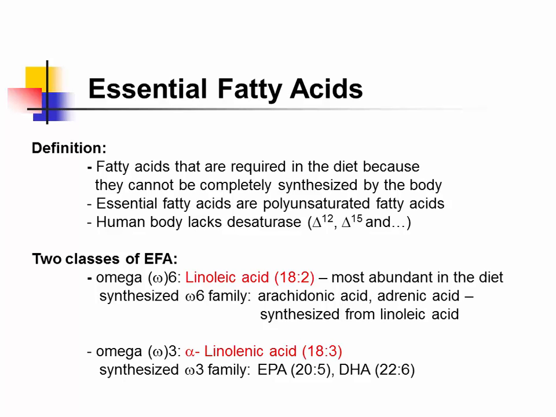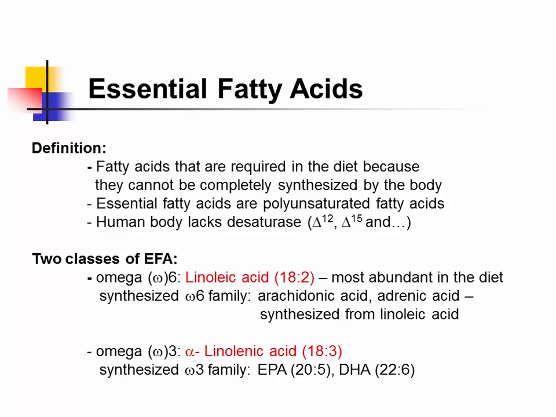Arachidonic acid and arginic acid are also omega-6 fatty acids, but they are not essential because we are able to synthesize them from linoleic acid. So we must acquire linoleic acid from the diet to make arachidonic acid and arginic acid.